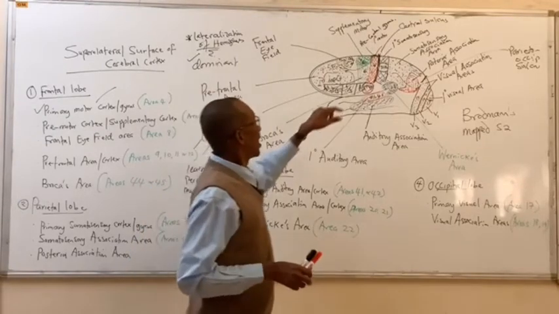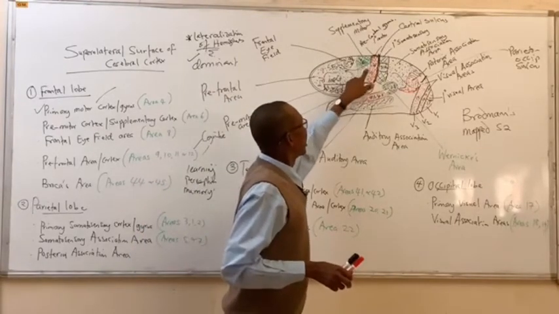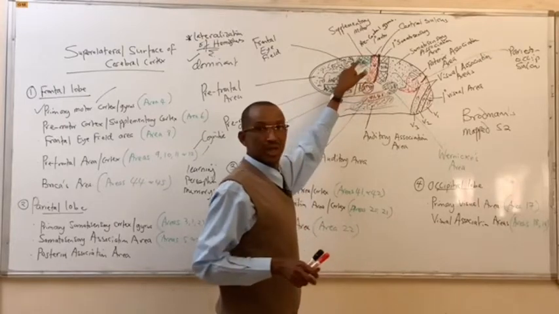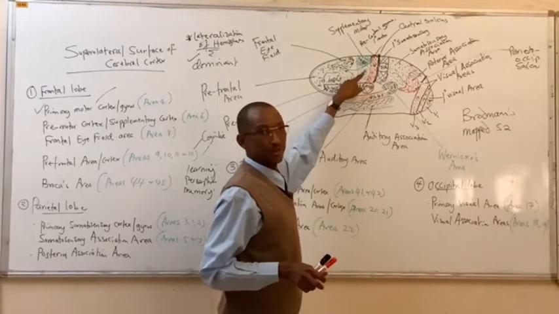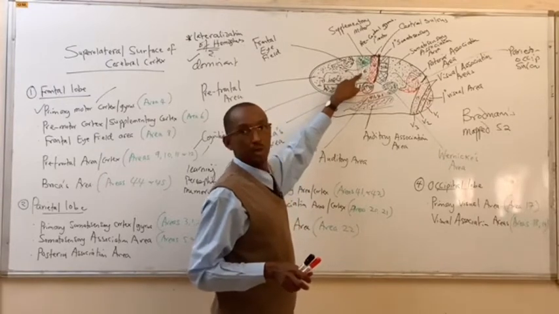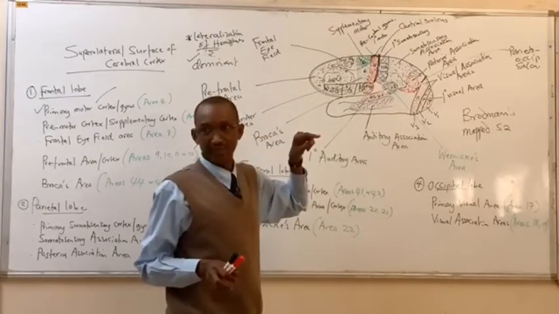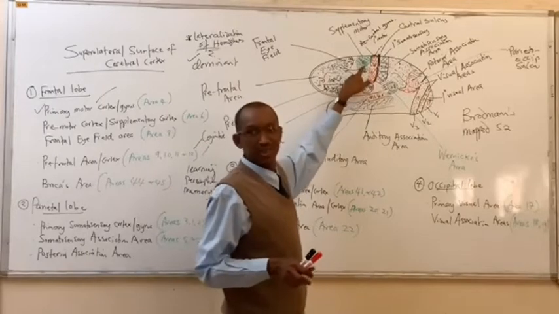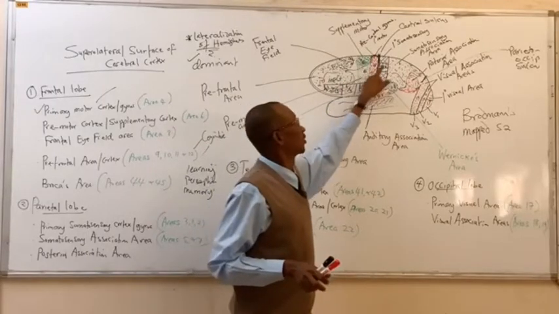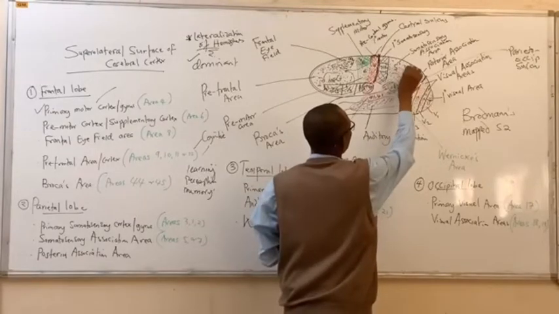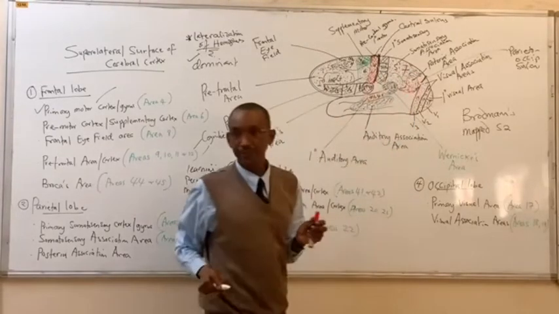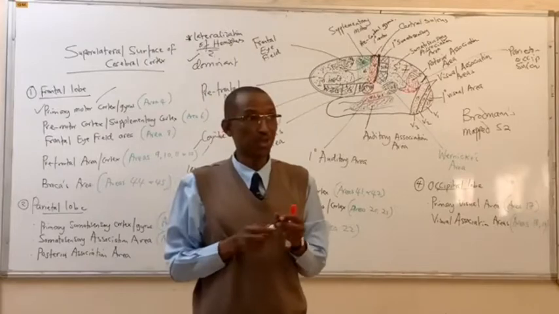Good. And the supplementary motor area is area 6 together with the other part of the premotor cortex. You see, if you can see here, 5 is missing. So the 5 is just at the back here. So we have 5 and 7 on this side, on the parietal lobe, which we'll discuss later on.